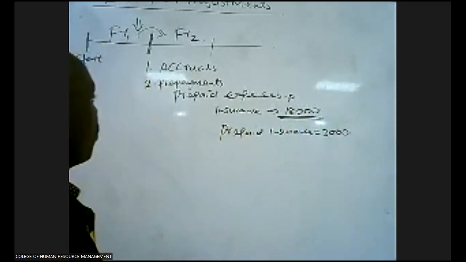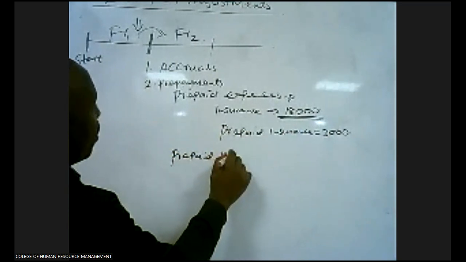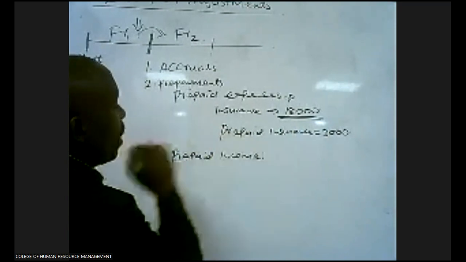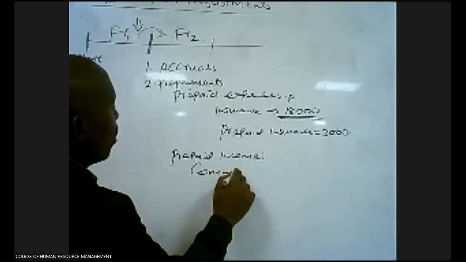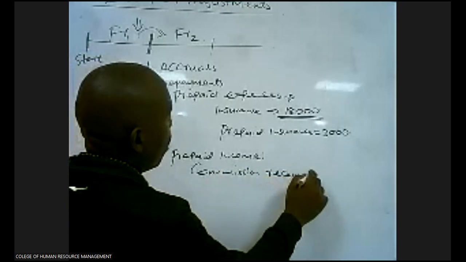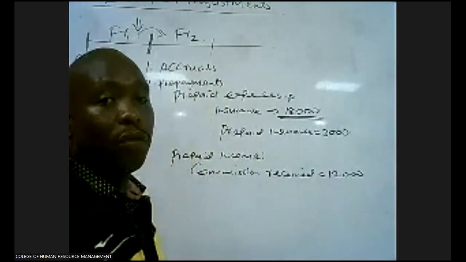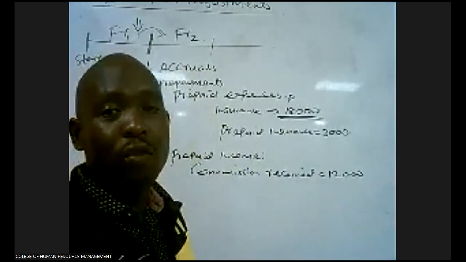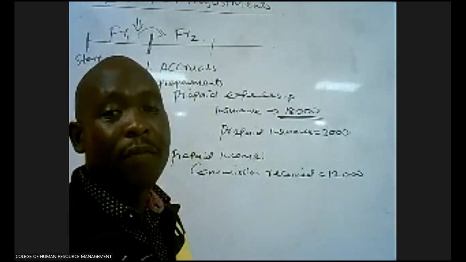At the same time, you can have what we call prepaid income. Prepaid income, like for example, commission received is 12,000. We received commission of 12,000, but in the actual sense, we were supposed only to receive maybe 11,000.